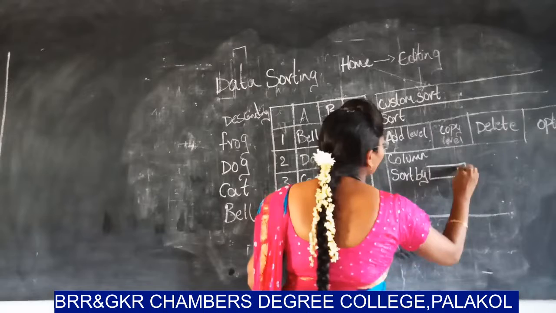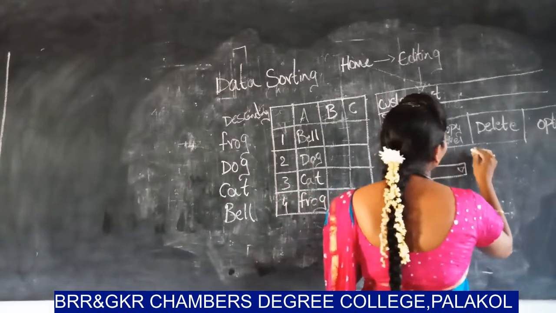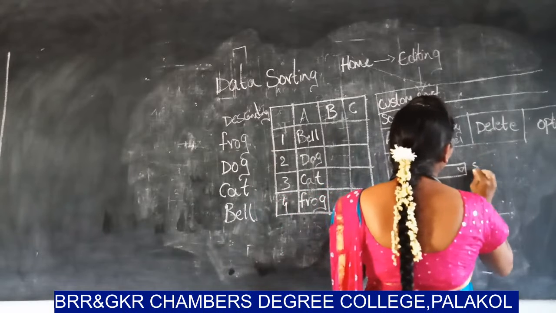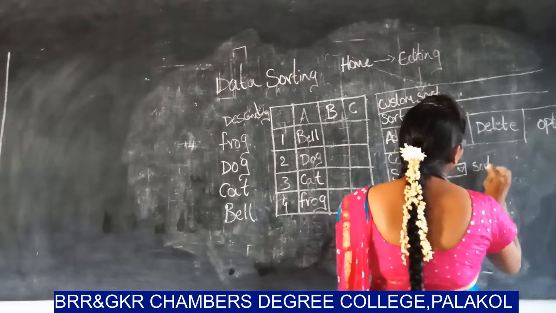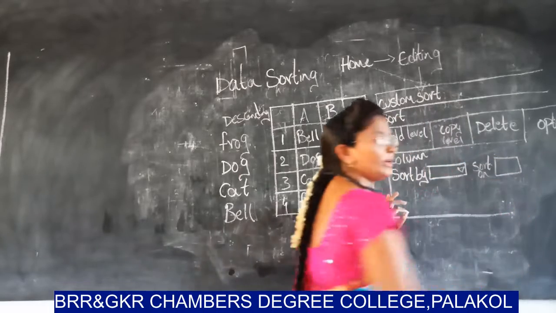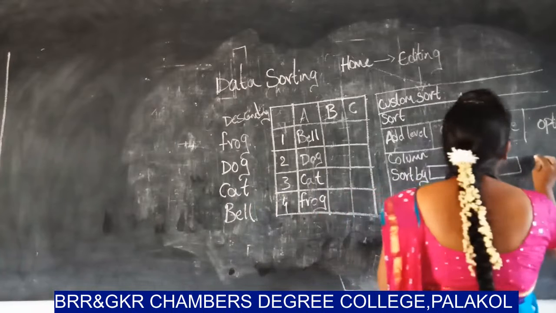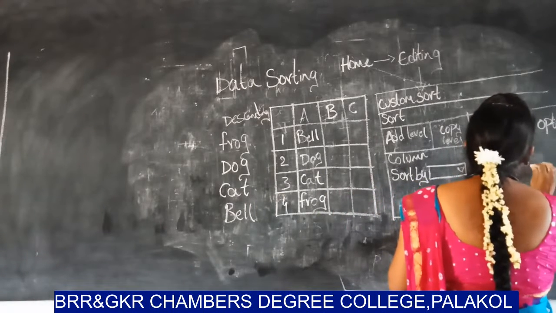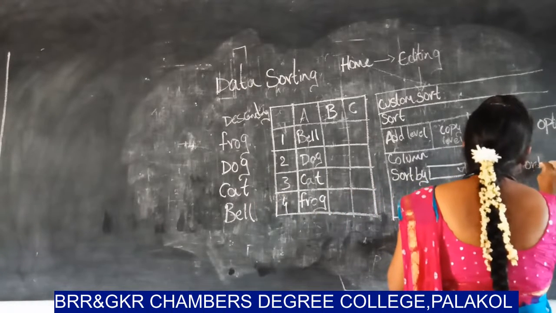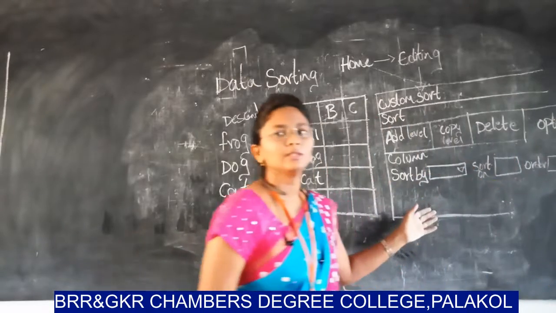One box will appear here, and the next one after column is sort on. Again one box will appear over here, and the next one is order.